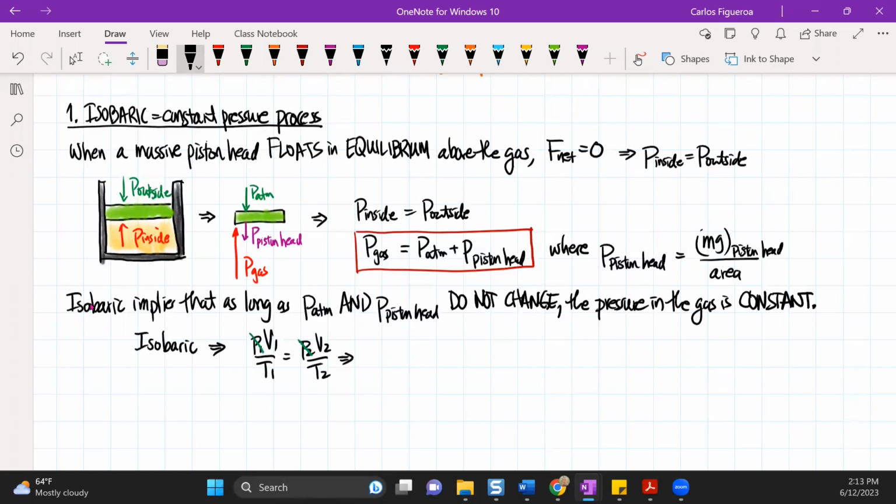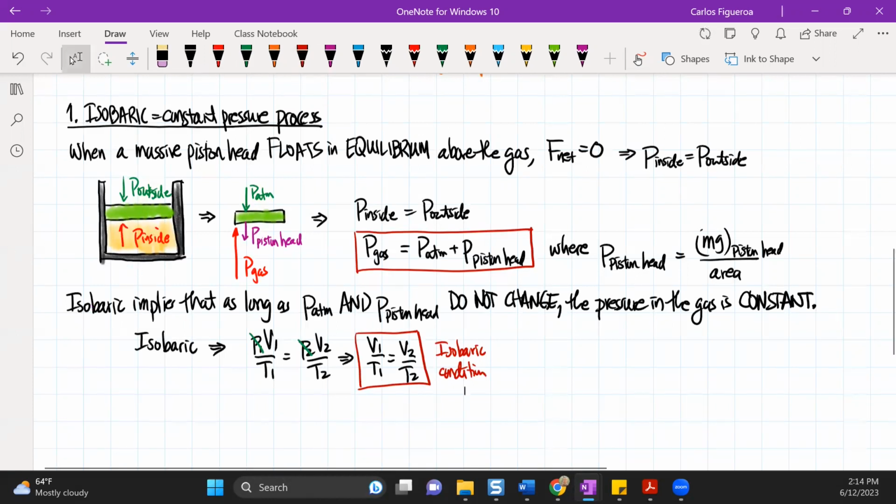So therefore, V1 over T1 has to equal V2 over T2, and that's our so-called isobaric condition. In other words, when I say I have an isobaric process, the condition is that the ratio of volume to temperature cannot change.